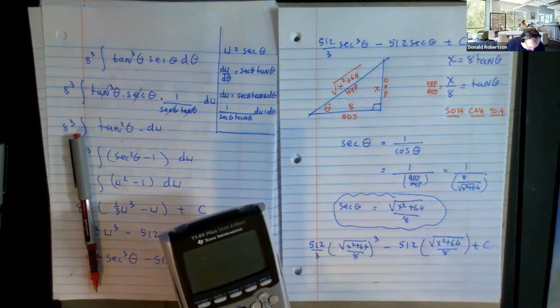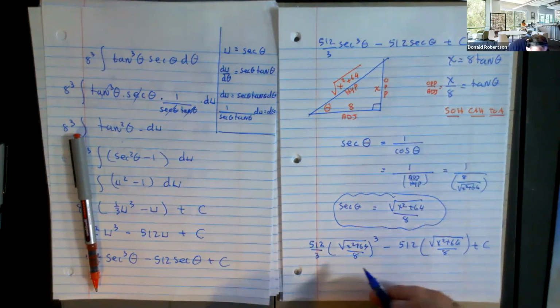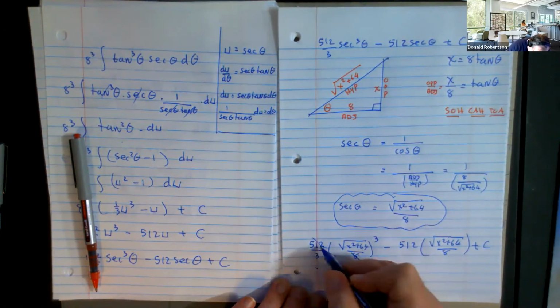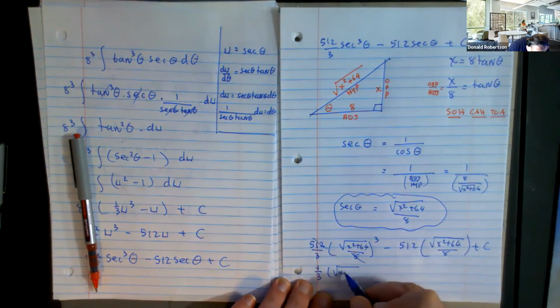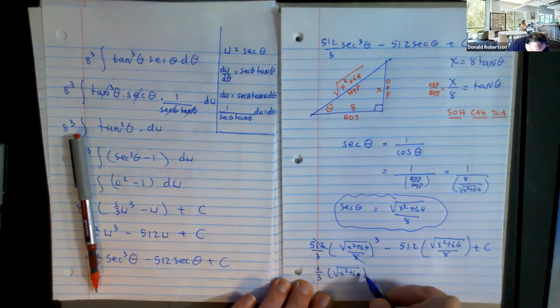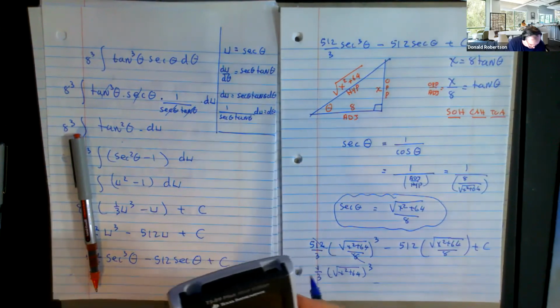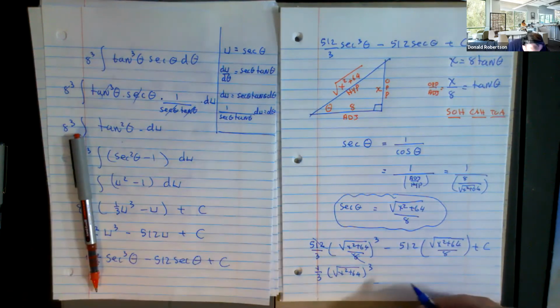I think I know what that's going to be, but I want to check. It is 512. So I'm going to get 512 cancel with that 512 because 8 cubed is 512. And I'm going to have 1/3 of that. 8 into that isn't so nice, but at least it works a little bit. And I'm left with 64.